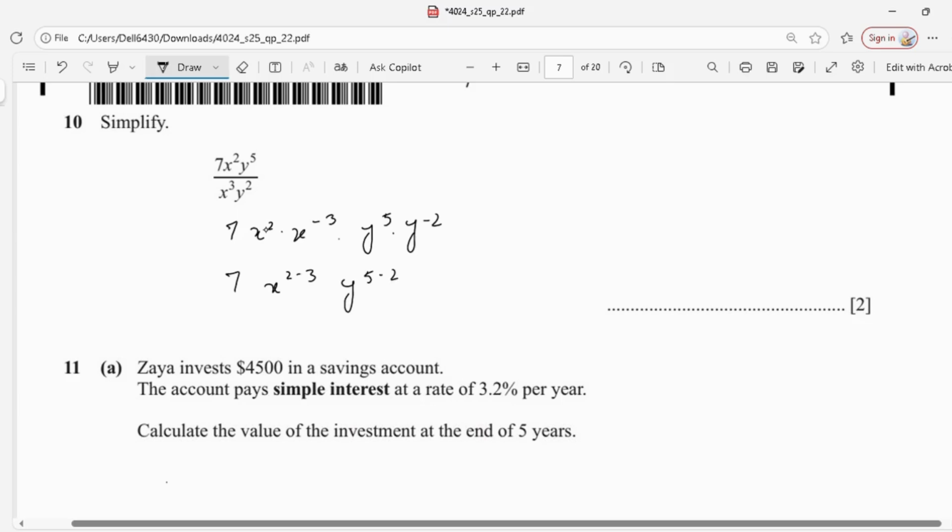So 7x to the minus 1, y to the 3. This will be 7y cubed and x to the minus 1, because x has a negative power, so we will take it to the denominator to make the power positive. The answer is 7y cubed upon x.